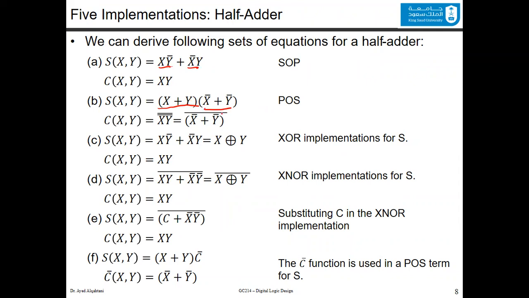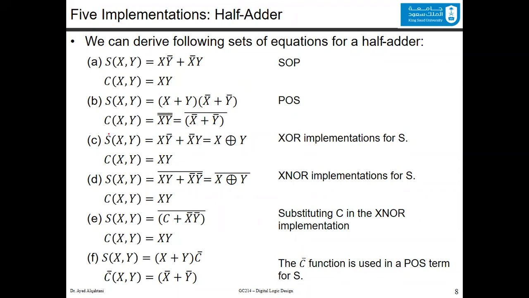Those 2 terms in the product of sums are the ones that were missing from the sum of products. And we could represent the carry by having a double bar, and we insert one of the bars inside by breaking the line and changing the sign. It would be X bar or Y bar, all bar.